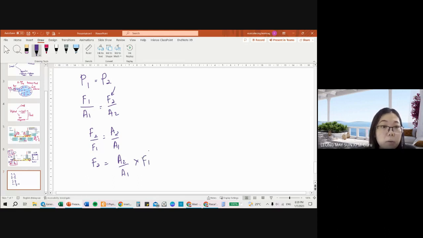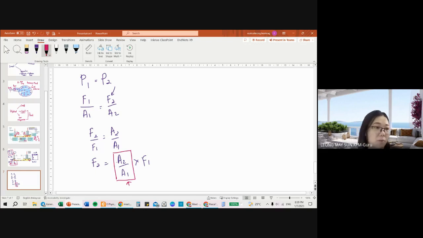So what is the force multiplier here? The ratio of the area is actually the force multiplier. So the ratio of area from the second piston to the first piston is usually the force multiplier. I don't really memorize this, because usually I would just derive this out and then find this ratio to be the force multiplier.